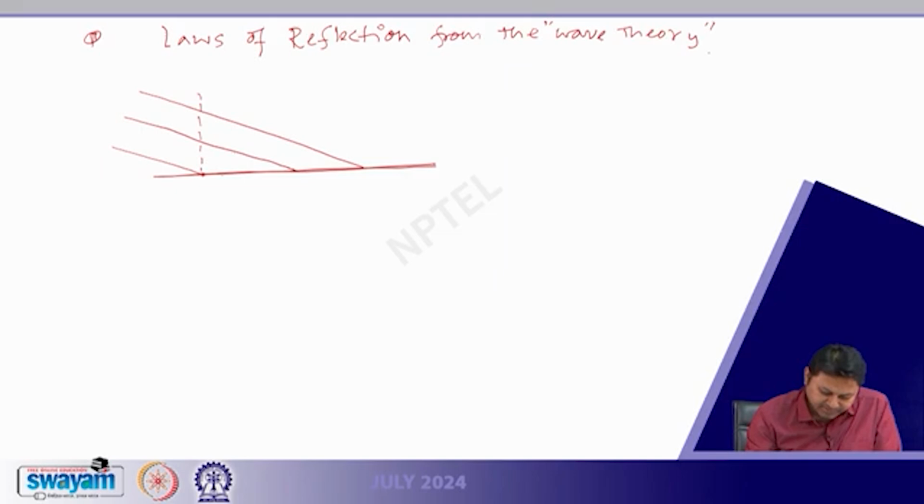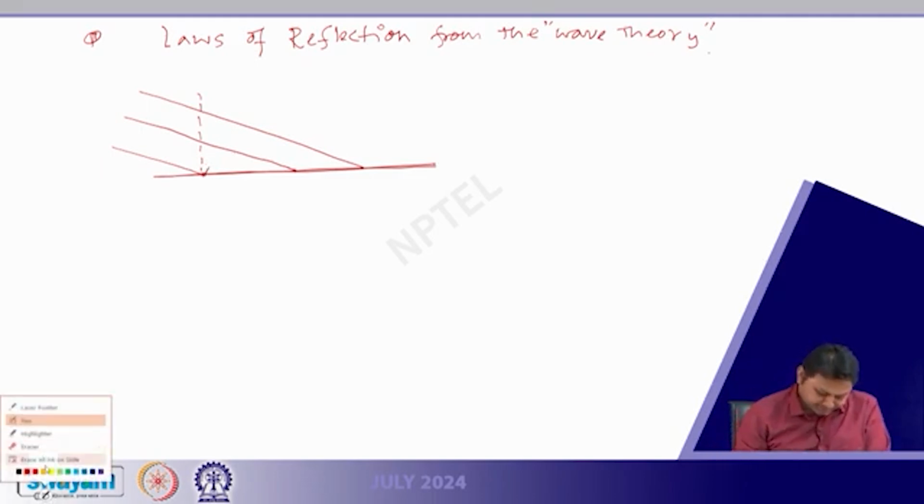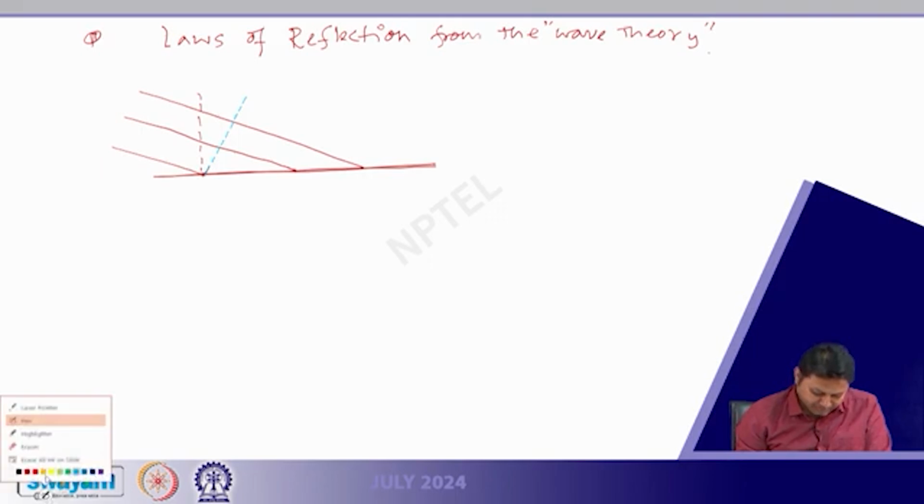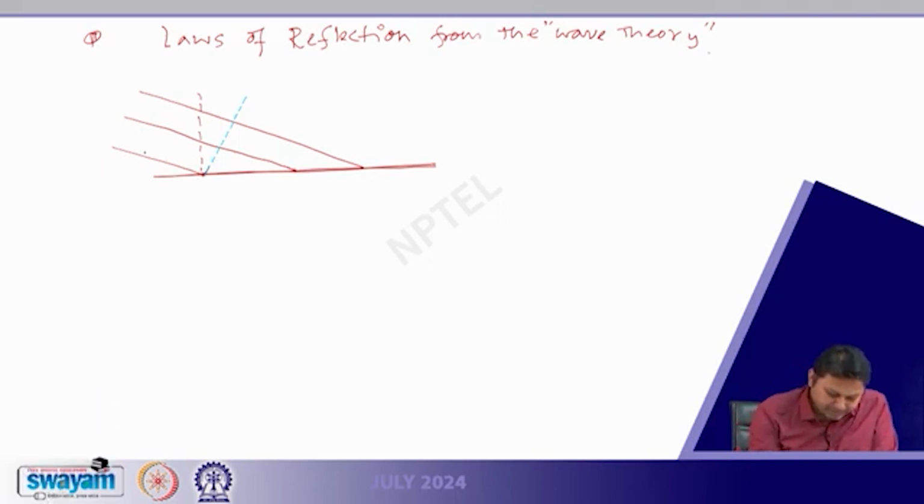These are the three light rays that are falling over the surface, and let me draw the corresponding wavefront here, maybe in a different color. This blue line is the corresponding wavefront, and these are the light rays that are falling on the surface.